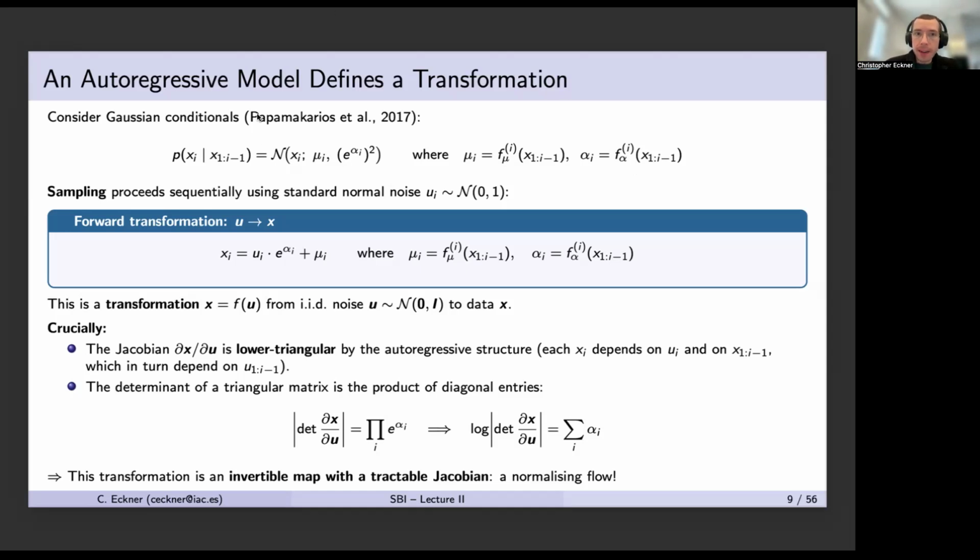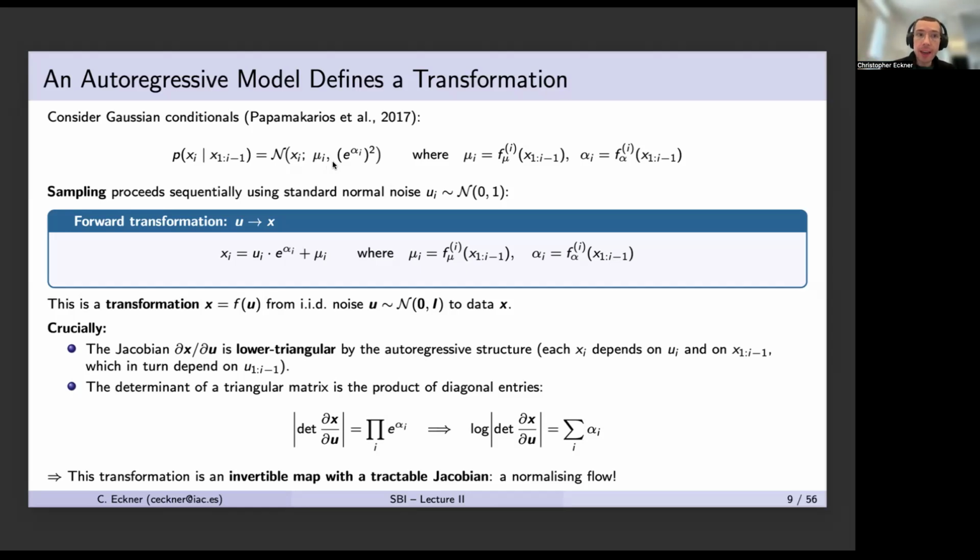This is taken from an early paper that implements this autoregressive model for these transformations or normalizing flows. And the idea is then to proceed in this sequential way, so you get these conditional probability densities in order.